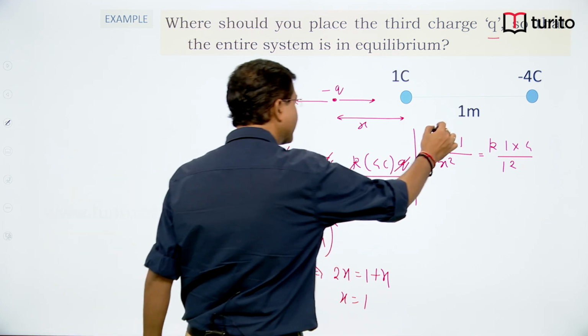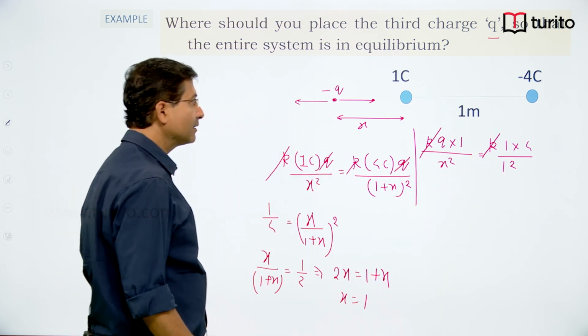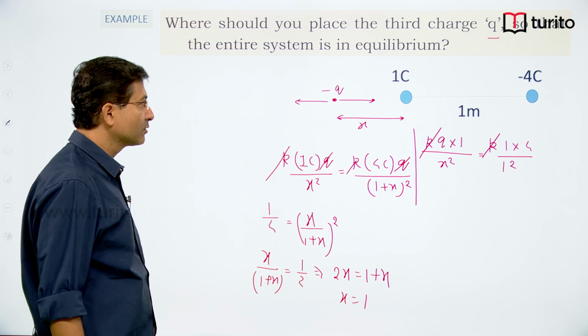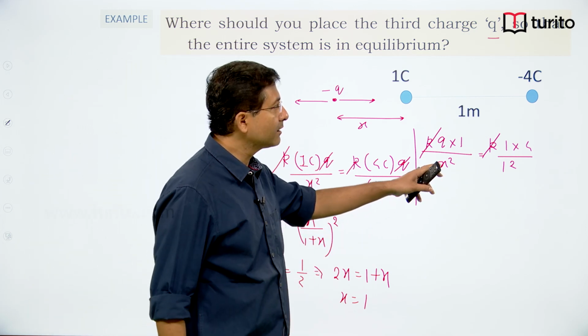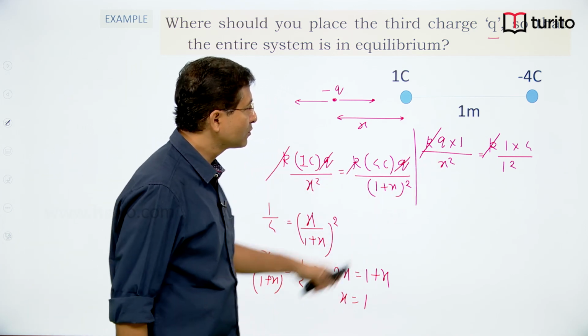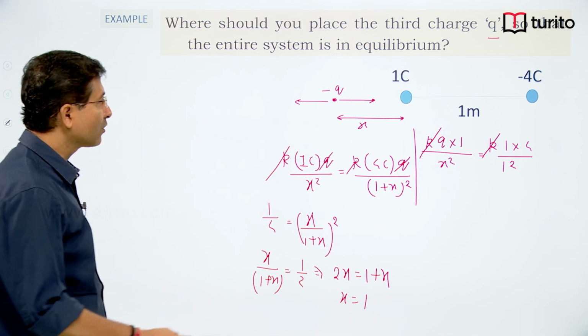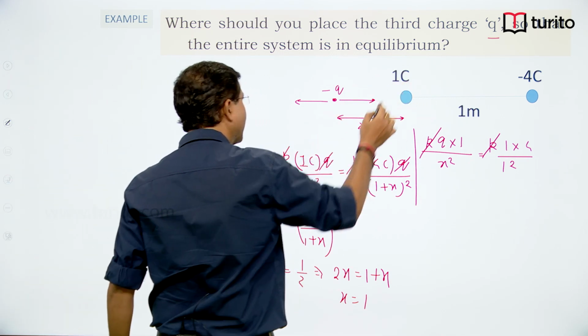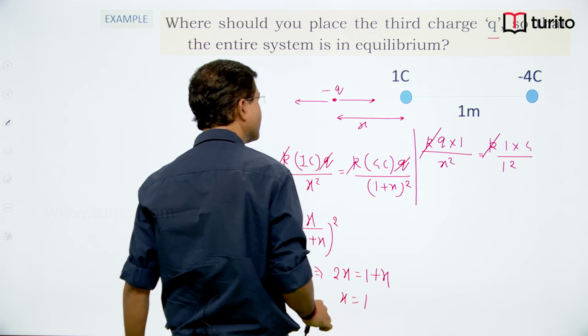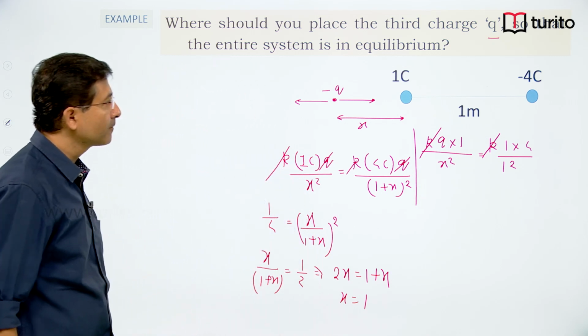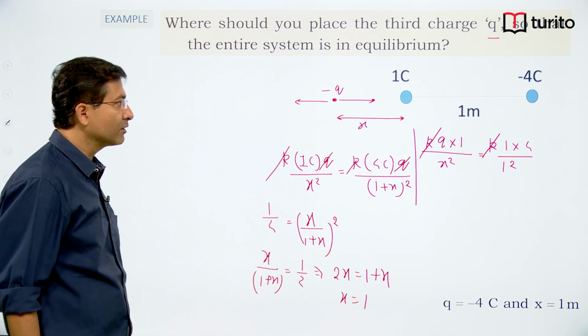This k will get cancelled out, and we can substitute the value of x over here, right. Now if you simplify, then what you will get?